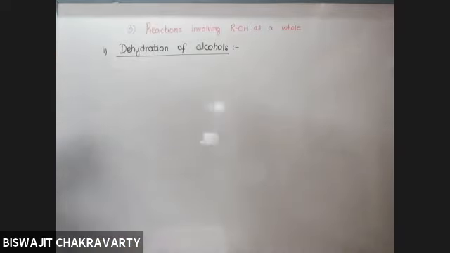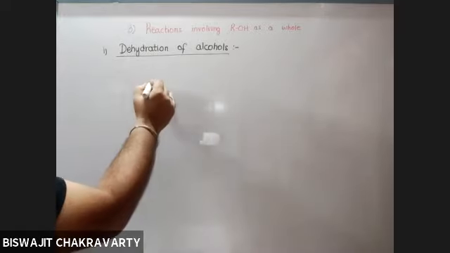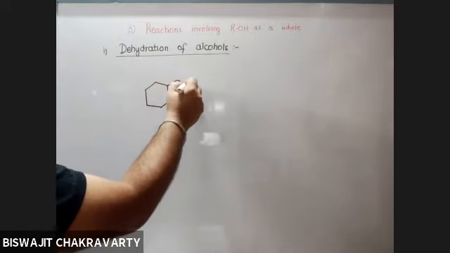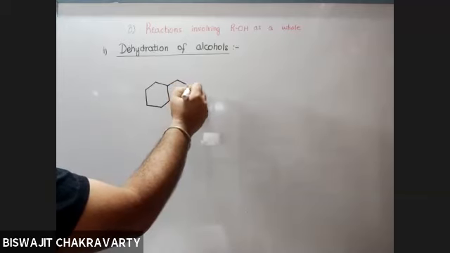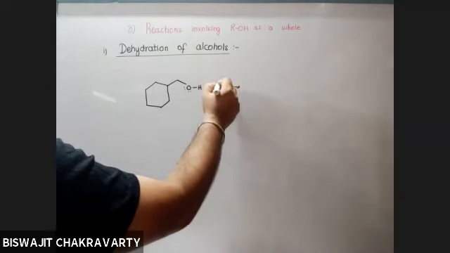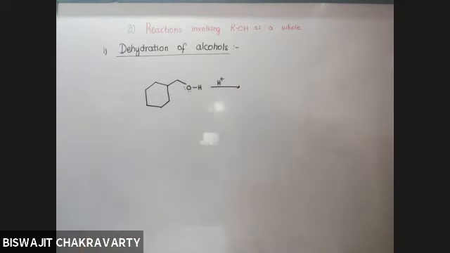Suppose अगर हमको ये वाला रिएक्टेंट दिया जाता है और पूछा जाता है कि इसमें अगर हम कंसंट्रेटेड एसिड दें, डिहाइड्रेशन करें, तो कहां पर डबल बॉन्ड प्रोड्यूस होगा? So with the help of mechanism we need to understand.